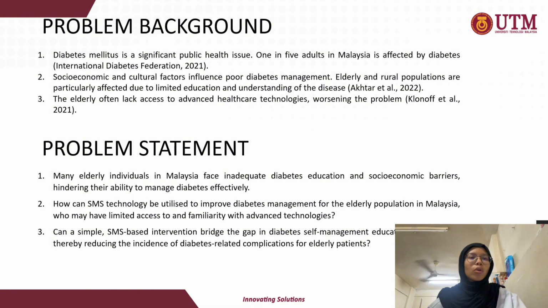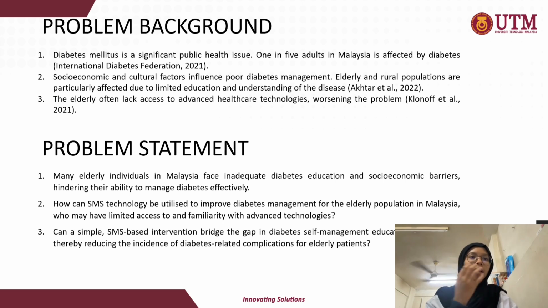Okay, so why I choose diabetes is because first, diabetes mellitus is a significant public health issue. So 1 in 5 adults in Malaysia is affected by diabetes. And also the socio-economic and cultural factors influence this poor diabetes management, particularly among the elderly in Malaysia.